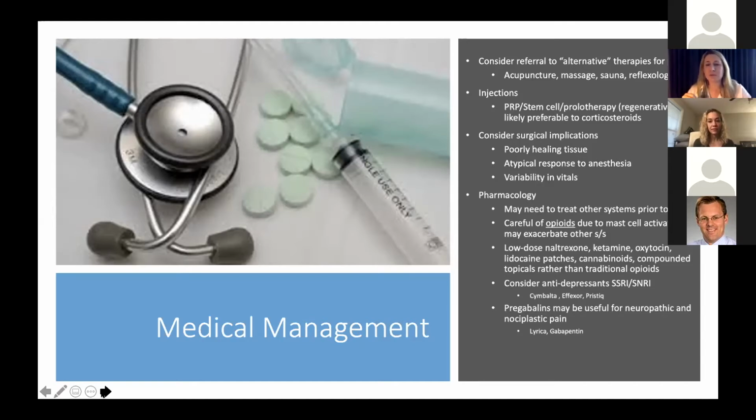Frequently, you also need an antidepressant in conjunction with some pain management. So things like Cymbalta, Effexor can really help to decrease pain and address some of those other psychological concerns we talked about earlier. And then pregabalins, things like Lyrica or gabapentin can also be very helpful for neuropathic pain.